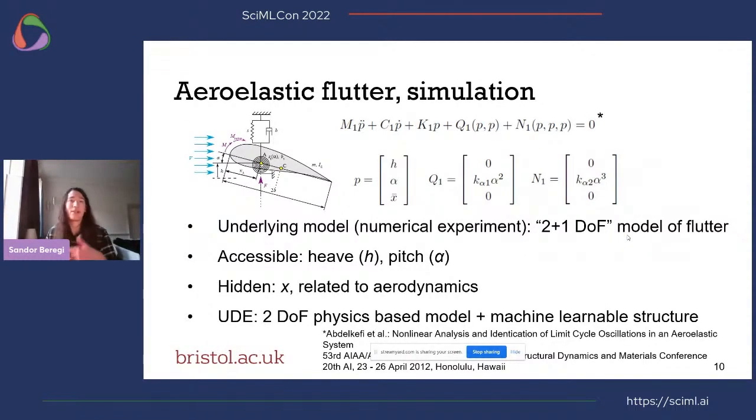Okay, so in the following slides, I would like to present my results on the model of aeroelastic flutter, starting with the numerical simulations.